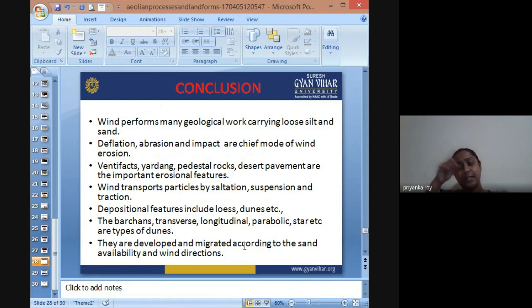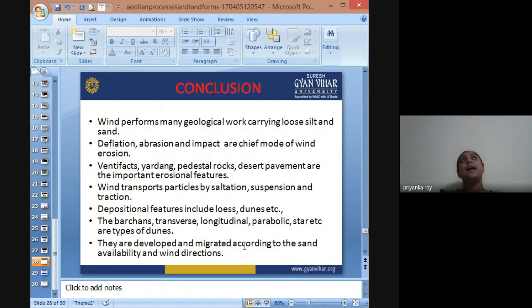Deflation is when the material is moving away. Abrasion is when these materials are colliding with some obstruction on the path, and it is furthermore taking away the rock material from the surface. A very good example is the mushroom rock, a very good example of abrasion.